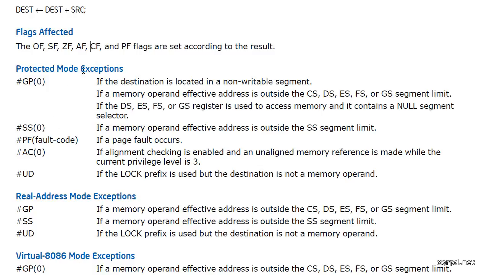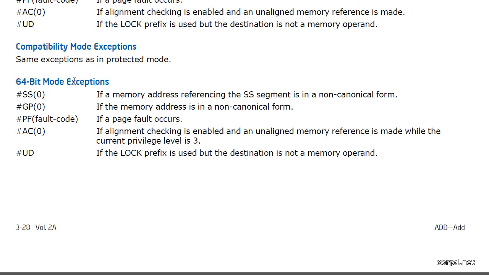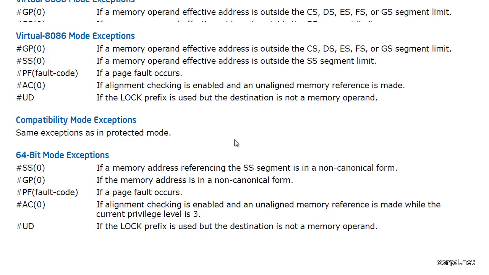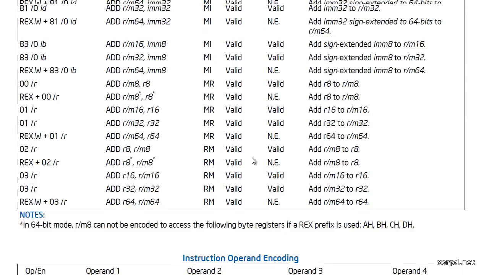As you can see, there are many kinds of exceptions. And this is about what we can see inside this instruction. And this is about what we have on the add instruction inside this manual.